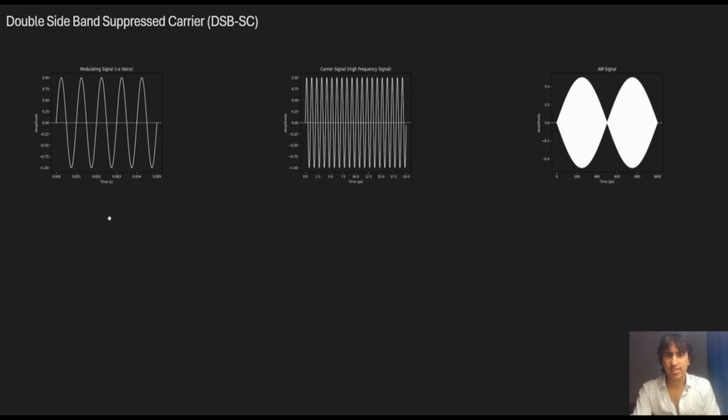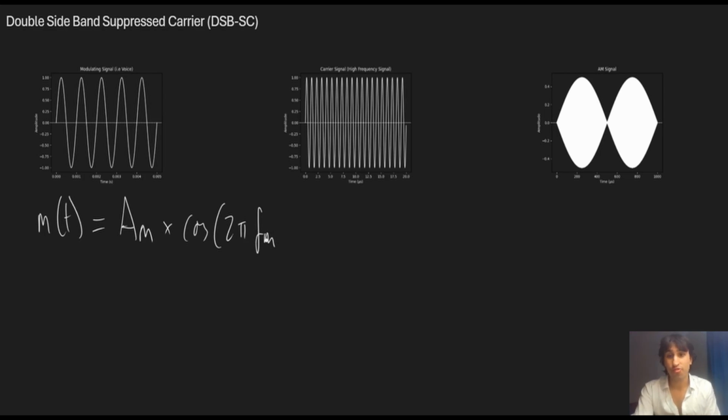So the modulating signal can simply be expressed as m(t). So m is the modulating signal, t is time of course, and that equals Am, the amplitude of the modulating signal, multiplied by cosine 2 pi fm t.